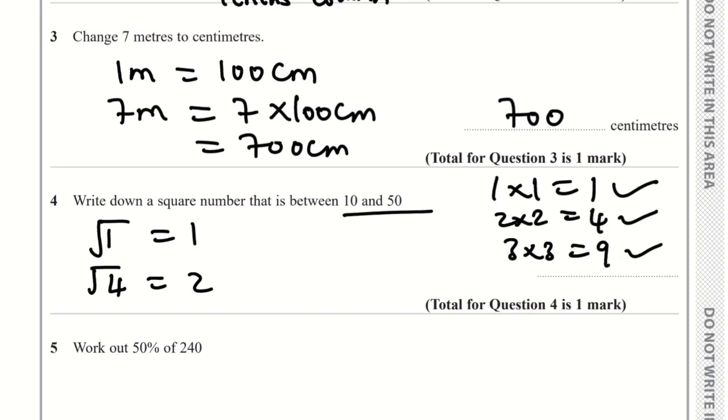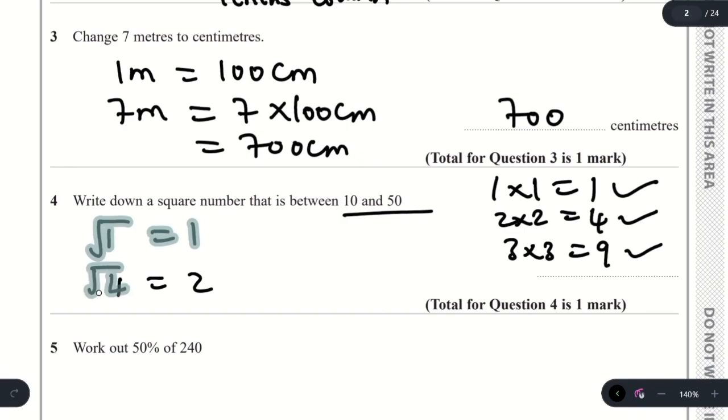So if we're asked to write the square number that is between 10 and 50, I think we should just go on with this one. 3 times 3 is 9, but 9 is not between 10 and 50. So when you do 4 times 4, you get 16. I think it would be easy for us to just list it out.